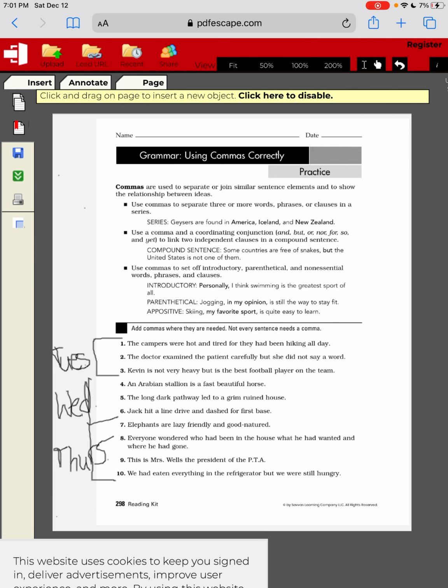Okay, so before we start on Tuesdays, let's look at the directions and some pointers at the top. Commas are used to separate or join similar sentence elements and to show the relationship between ideas. Use commas to separate 3 or more words, phrases, or clauses in a series.